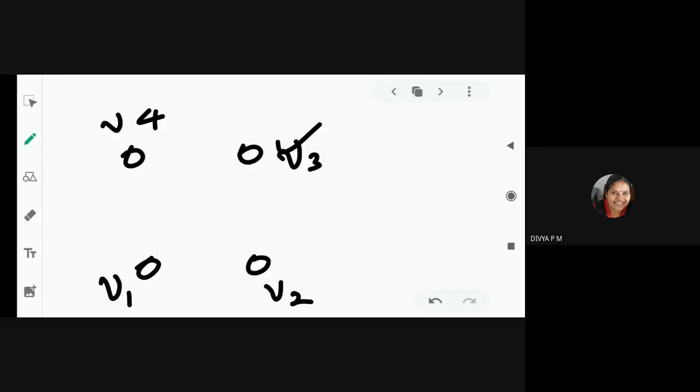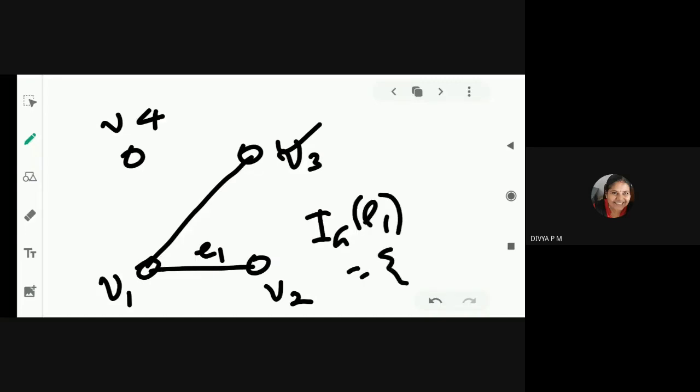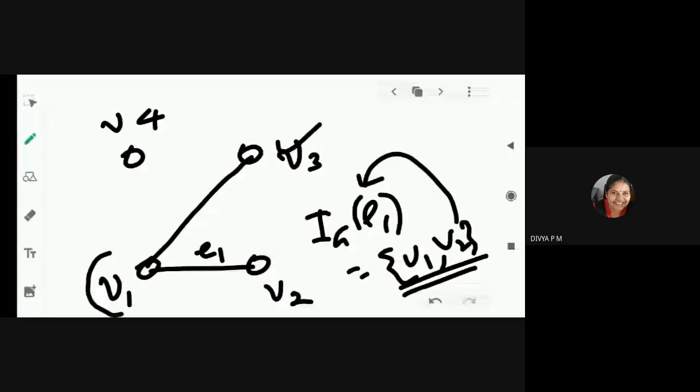From V1 to V2, suppose there is an edge. Then from V1 to V3 there is an edge. If I call this E1, Ig of E1 is the set {V1, V2}. So this two-element subset is related with the edge E1. V1 is called one end vertex of E1, and V2 is the other end vertex of E1. As for the second edge E2, it has one end vertex V1 and the other end vertex V3. It goes like that.